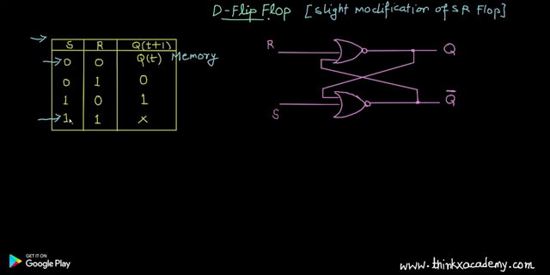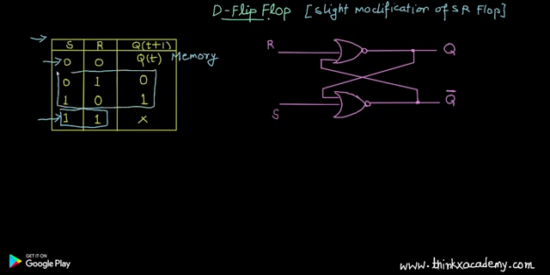When the values of S and R are both equal to 1, we cannot determine the next state of the flip-flop. So these two are the undesired conditions. Let's focus on these two left out conditions here.